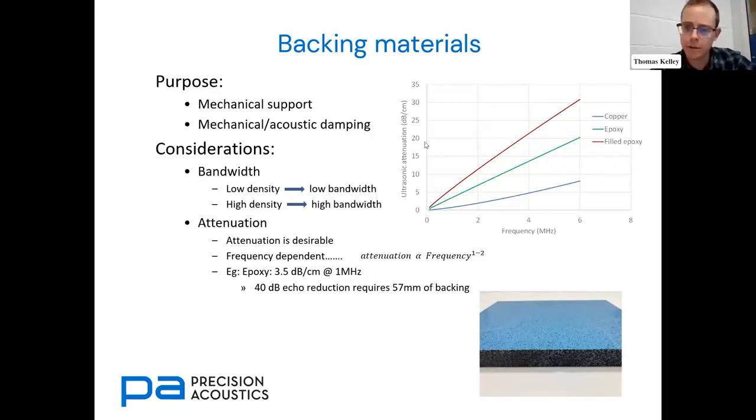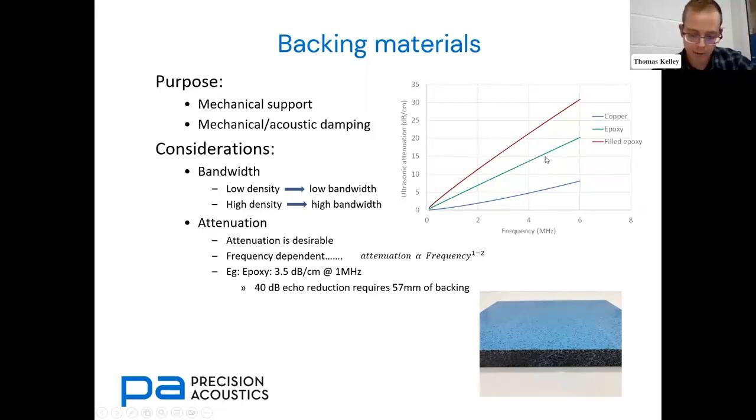So in this graph on the top right, you can see 3 examples of materials with different levels of attenuation, as we've measured here. And of course, it's very frequency dependent. So you've got to consider the frequency you're working at as well as the material you're thinking of using. So we've got a metal here, copper, which is relatively low attenuation, certainly in comparison with an epoxy resin.